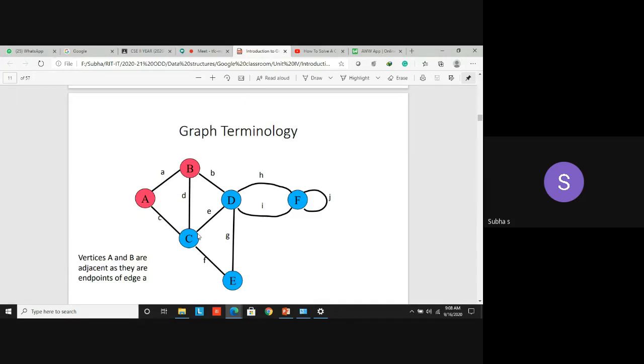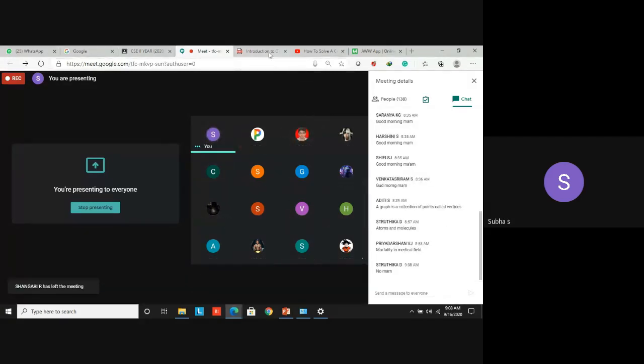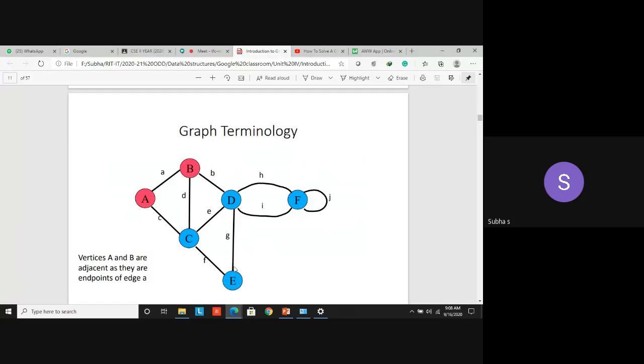Can we say A and E as adjacent? Anyone? Can we say vertex A and vertex E as adjacent? You can put it in chat also. Only through interaction can you get a clearer idea. No, because they are not the endpoints.